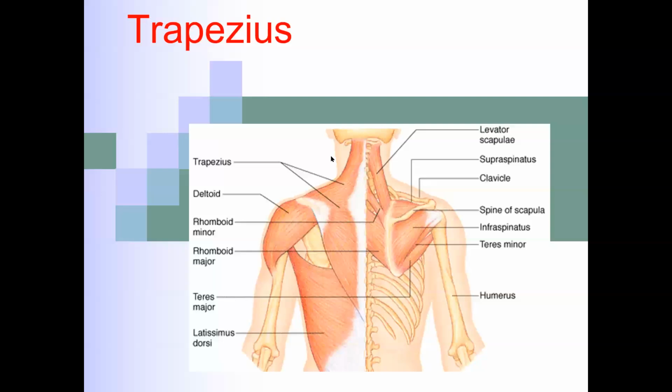These muscles here are, of course, at your shoulder, right? Now, let's see here. So that's your trapezius muscle here. You can see it runs all the way up into the neck, right? Now you can see how broad the muscle is.